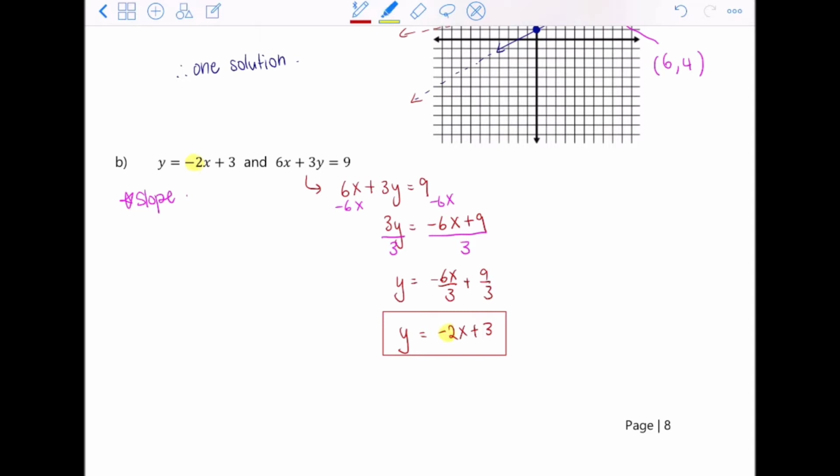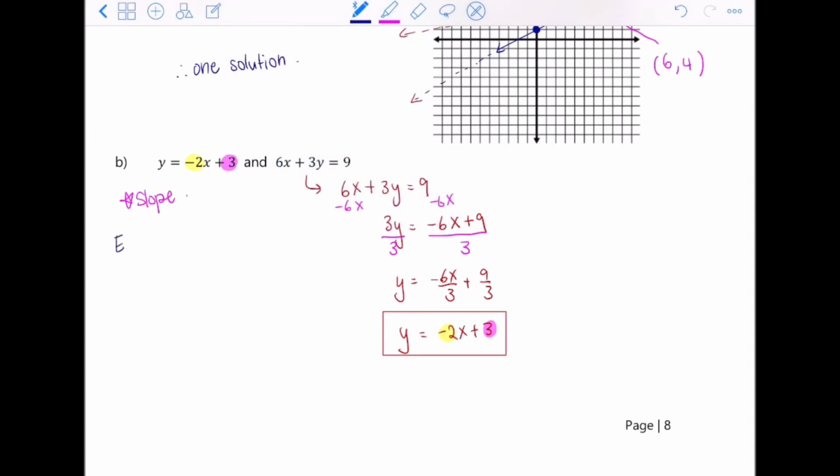Let's compare their slopes now. So notice that their slopes are equal. Okay, so they must be either parallel, or they're overlapping. To check that, first look at their y-intercepts. The first equation has 3 as the y-intercept, and hey, our second equation also has 3 as the y-intercept.